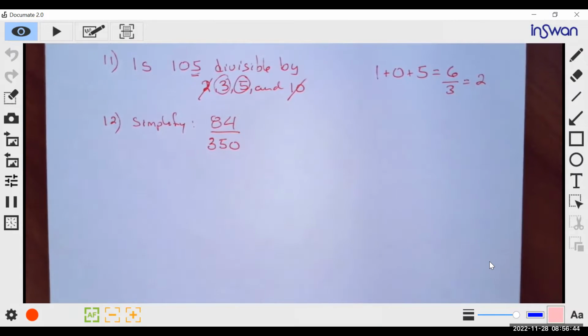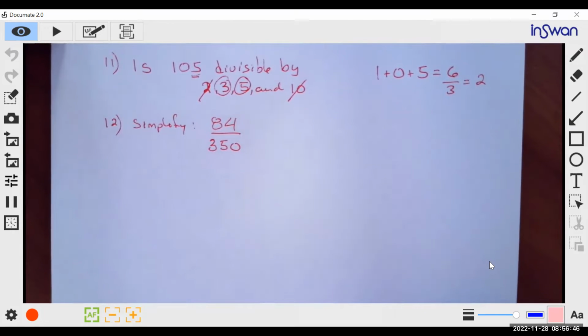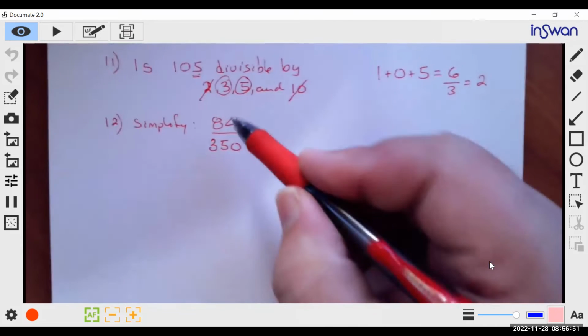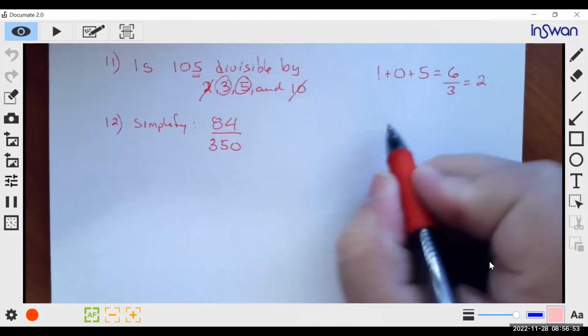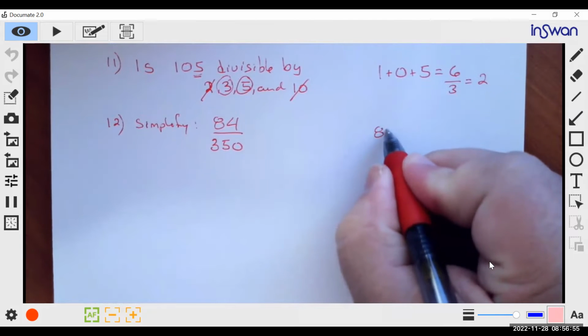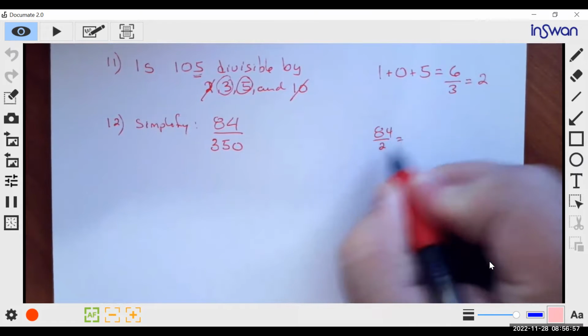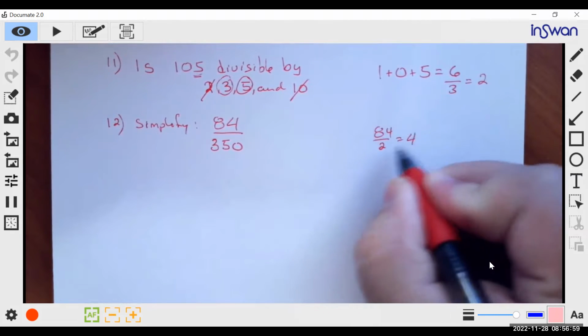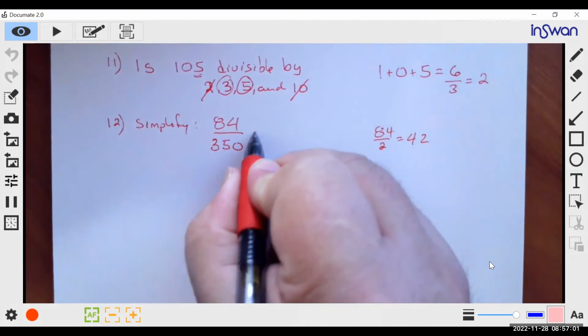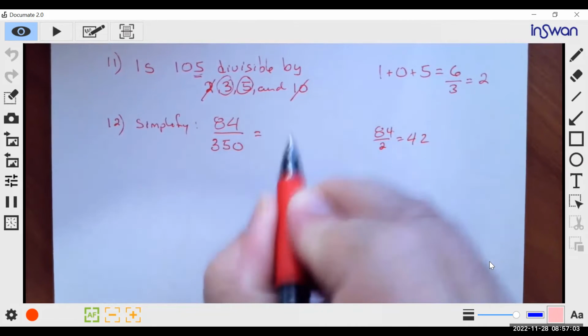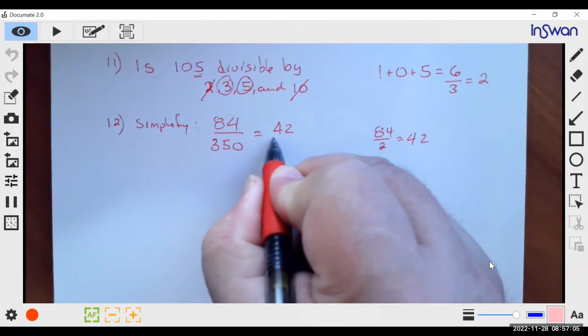Start with the smallest number. Are these divisible by 2? Yes, because they end in an even number or 0. So 84 divided by 2: 2 goes into 8 4 times, 2 goes into 4 twice. So it becomes 42.